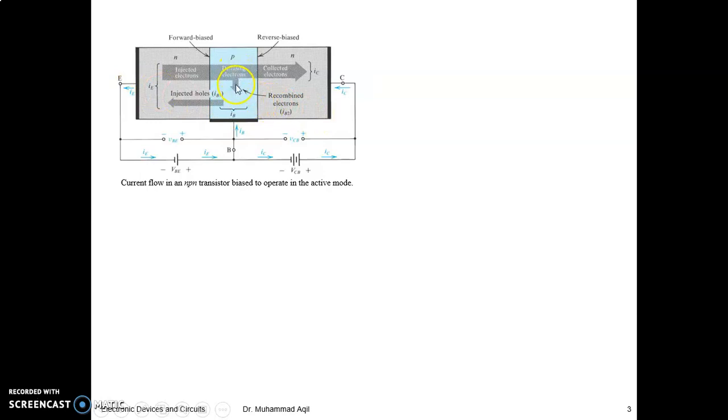So only a small part is combined here, right? The remaining part is being attracted. The electrons are being attracted by the high positive potential of this reverse biased collector base junction. And recall that we had the collector, emitter and base current relationships, right?